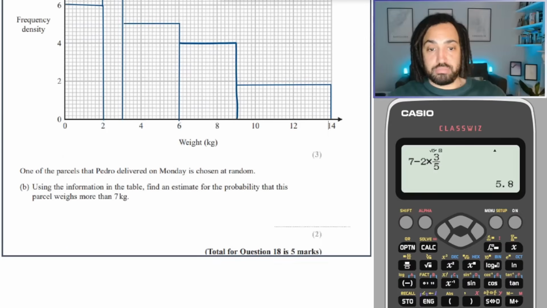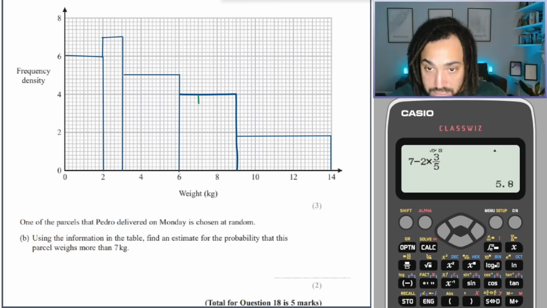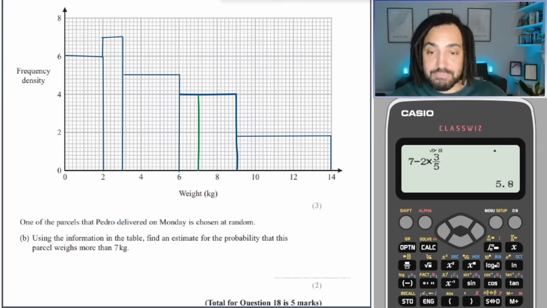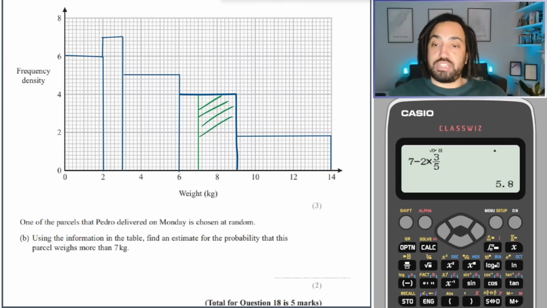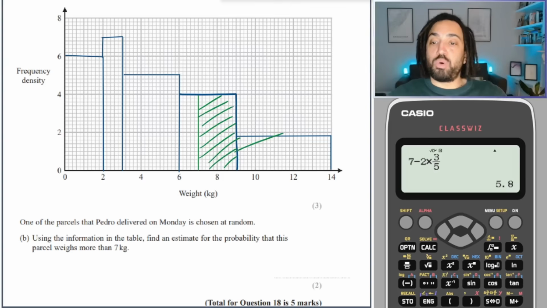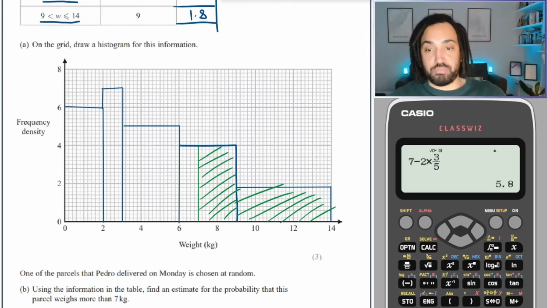Okay. One of the parcels that Pedro delivered on Monday is chosen at random. Using the information in the table, find an estimate for the probability that this parcel weighs more than 7 kilograms. Okay, so what we're going to do is draw a line down at 7. And we know that we need to find the area which is more than 7, so it's this area here shaded in green.